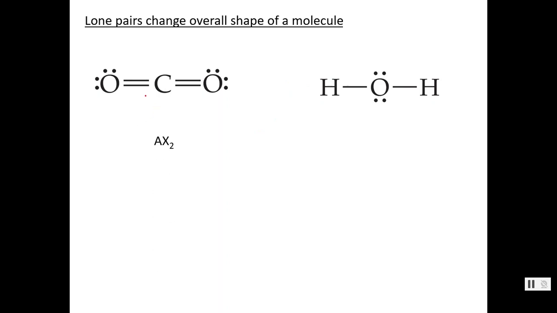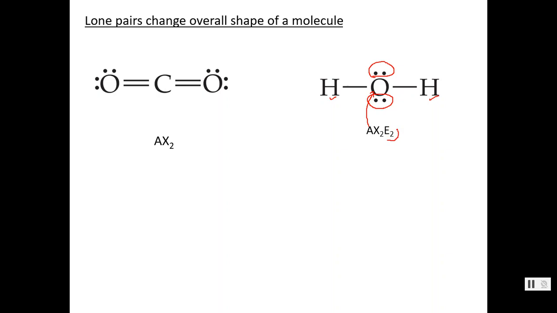As we said here with carbon dioxide, this is an AX2 formation. But here with water, considering my oxygen to be the central atom, I have 2 bonded atoms to that oxygen. One is hydrogen, the other is hydrogen as well. But I also have 2 lone pairs of electrons on my central atom that I need to take into account in my VSEPR notation.